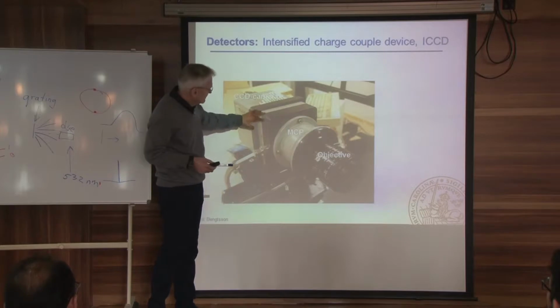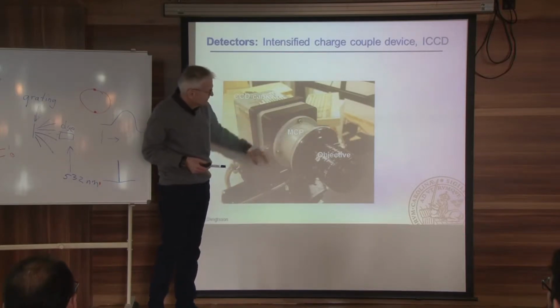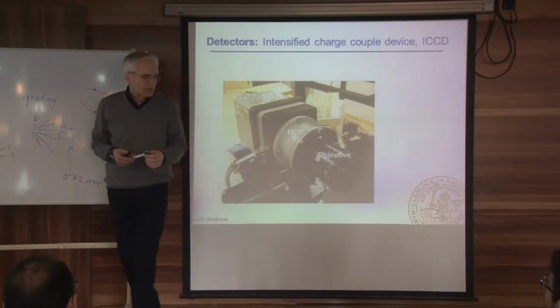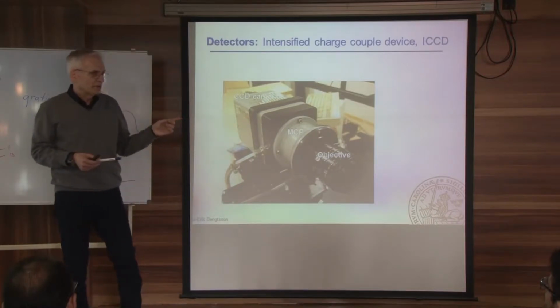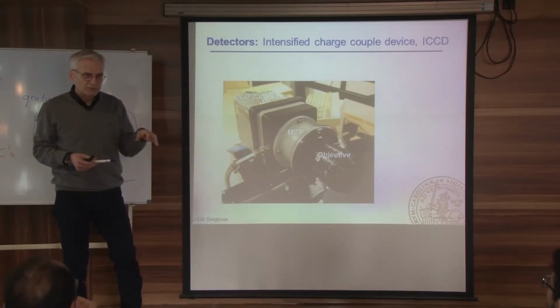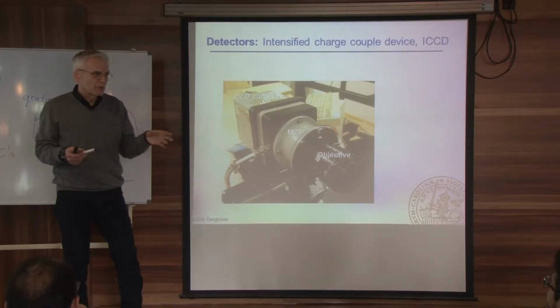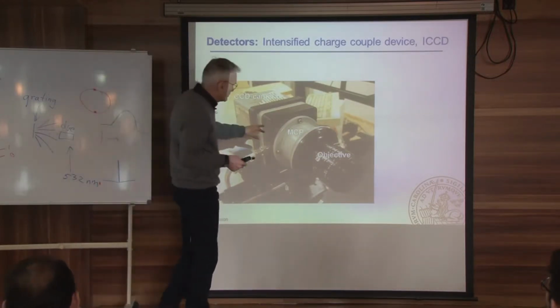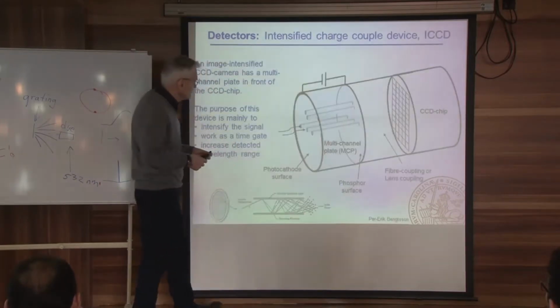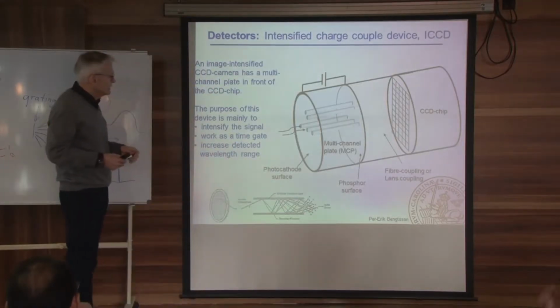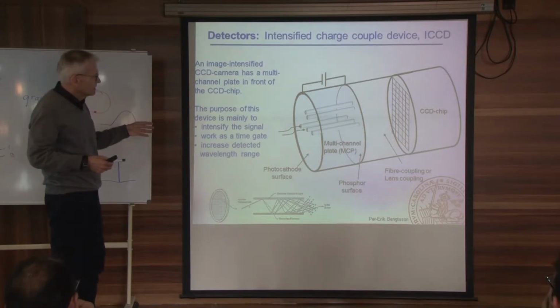So this gated intensified CCD is maybe 1,000 times more sensitive than your mobile camera, but unfortunately also maybe 1,000 times more expensive. But this is what is used in a lot of two-dimensional imaging.